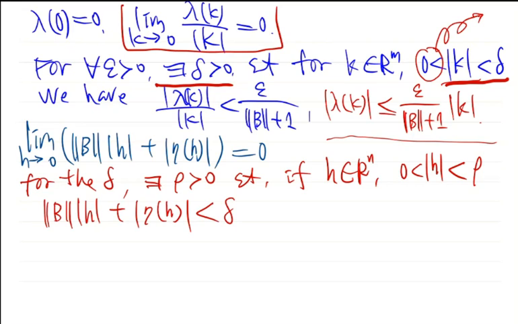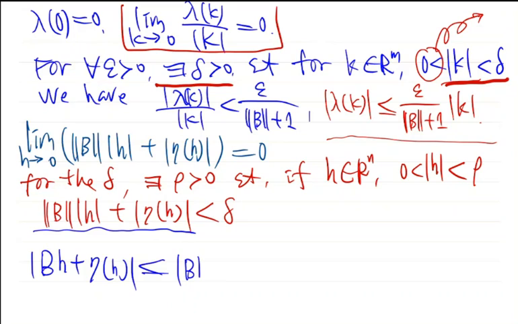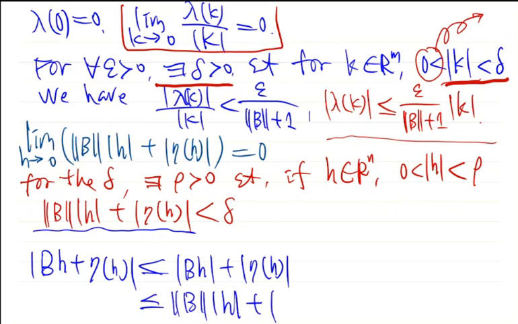Okay, so what does this mean? We consider B H plus eta H. This is not greater than the norm of BH plus the norm of eta H. And the norm of BH will not be greater than the matrix norm of B multiplied by the norm of H, plus eta H. So this will be less than delta, once the norm of H is less than rho positive.